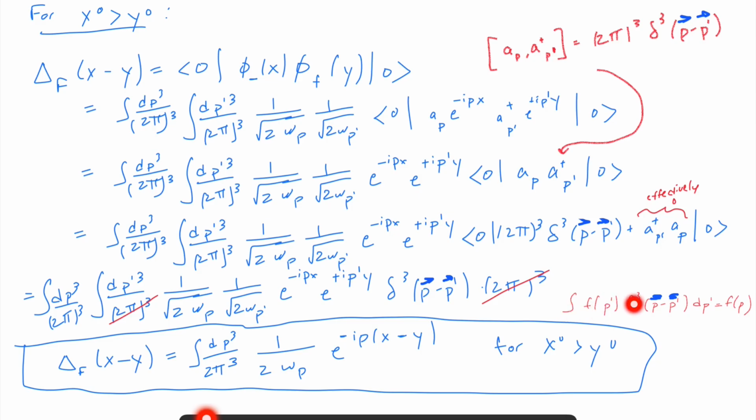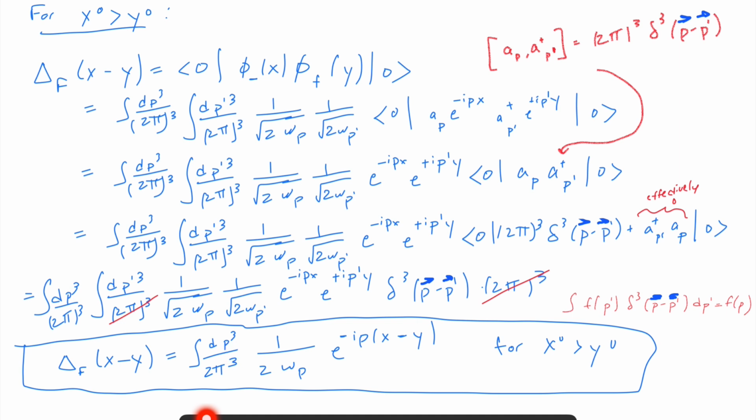And then this whole integral collapses down to f(p). So this integral over d³p' with this delta function of p − p' is going to force every one of these p' to be equal to p. And this is what I'm going to get over here. The scalar Feynman function of x − y is equal to this. This integral still survives.